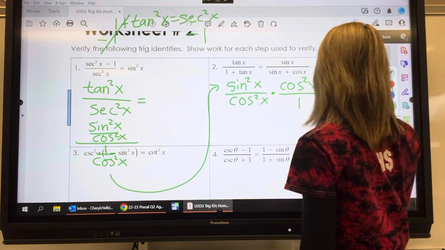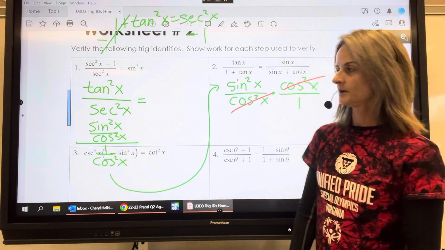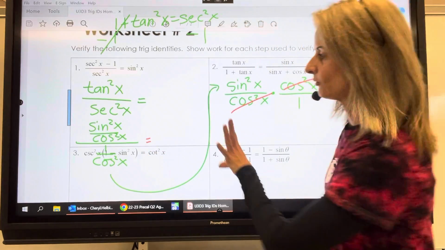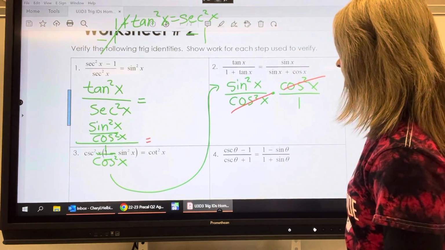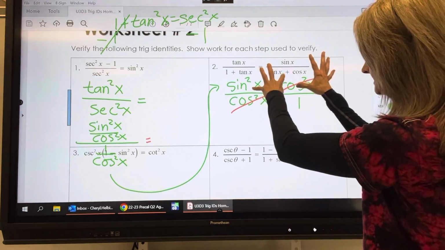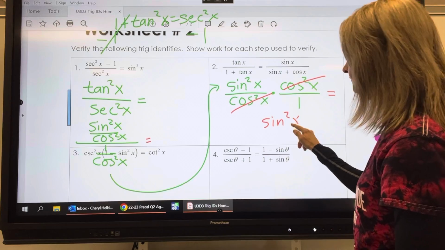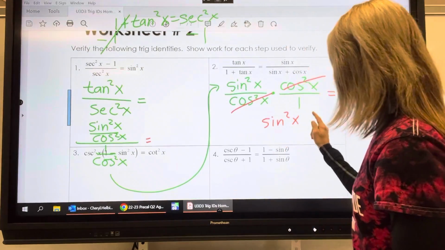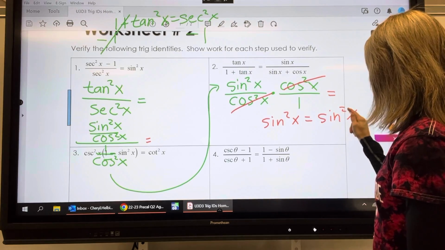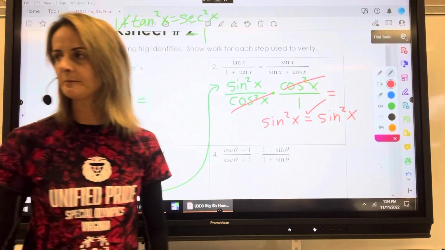Now you can see that those cosines are going to cancel. I forgot the equal sign here. Got to make sure I put that to show I'm working on the left side. And here's an equal sign as well. This simplifies to sine squared, which is what we are looking for on the right anyway. So I can finish it off by writing sine squared x. Check. Verified.